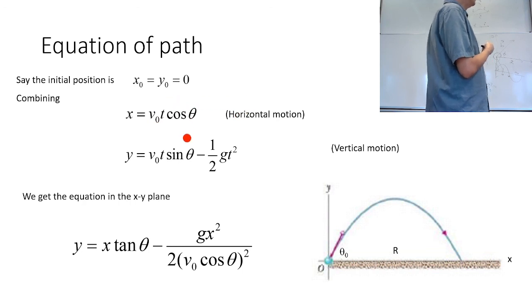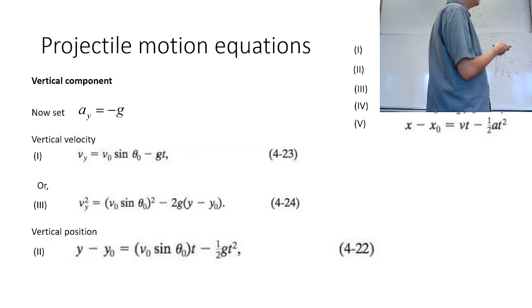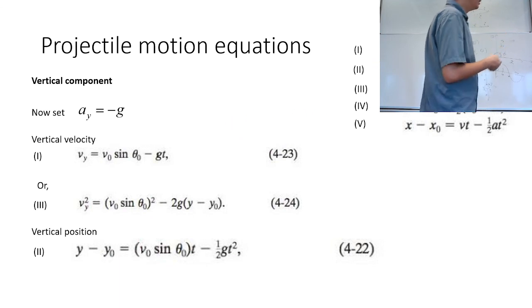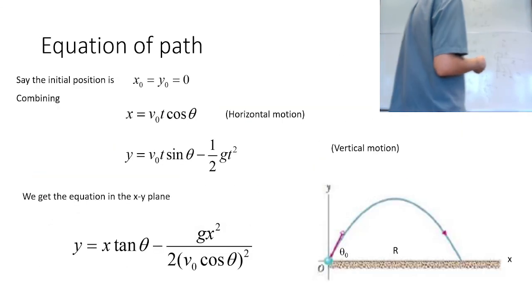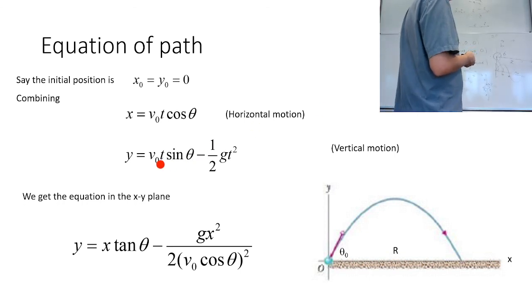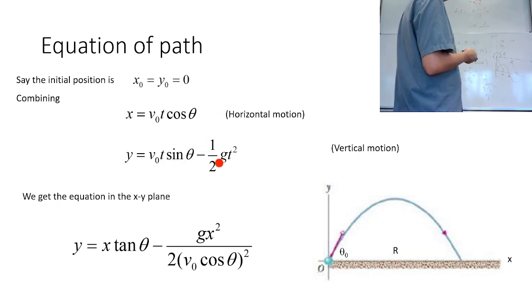It's the position. And for the y component, we can use our second equation. Remember, we apply the second equation to the y movement case. So the initial velocity is v naught sine theta in the upward direction, and we've got this half g t squared where we've put in the acceleration equal to minus g.